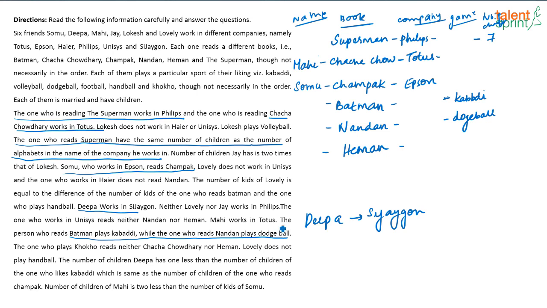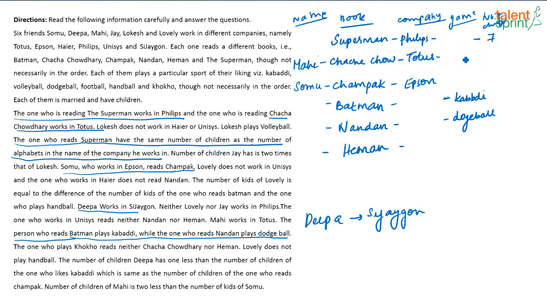Okay, so the person who reads Batman plays Kabaddi, while the one who reads Nandan plays dodgeball. The one who plays Coco neither reads Chacha Chaudhary nor He-Man. Okay, so Coco can't come here, right?